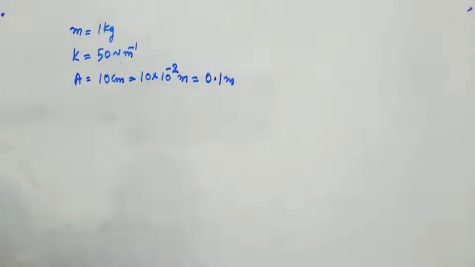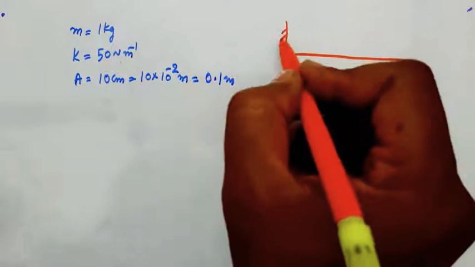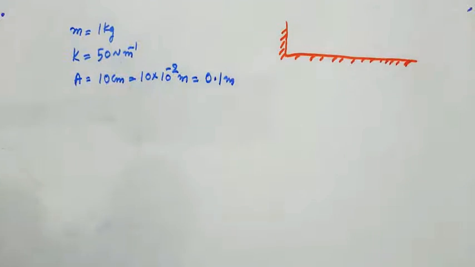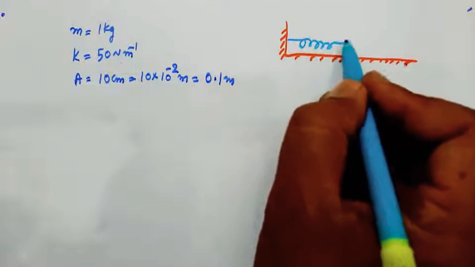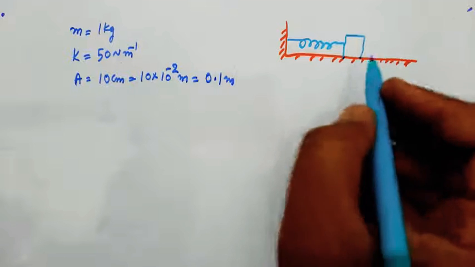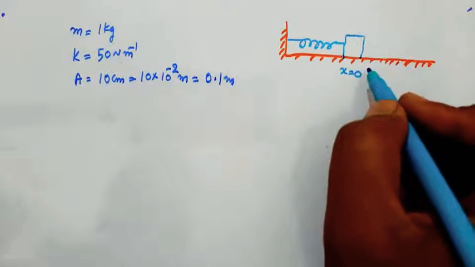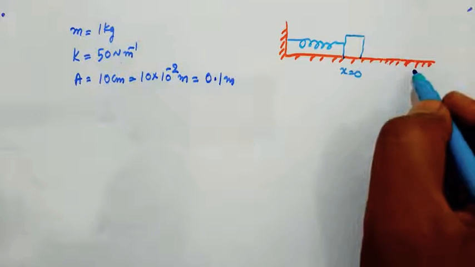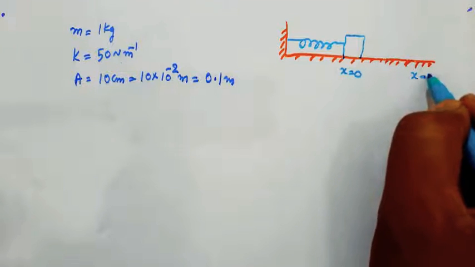So here in a spring block system, this is the mean position, x is equal to 0. Here the block is displaced 10 centimeter from its mean position, so x is equal to 10 centimeter.